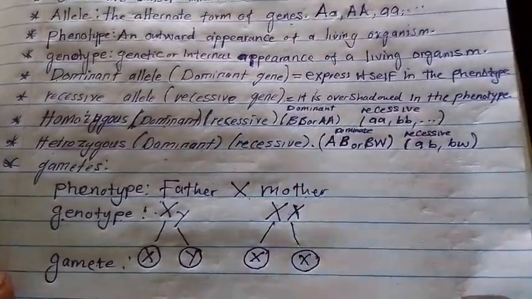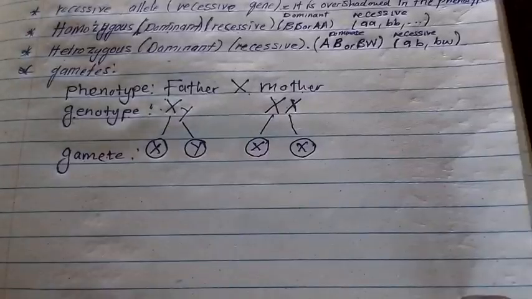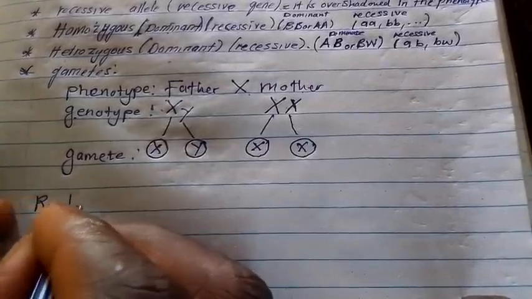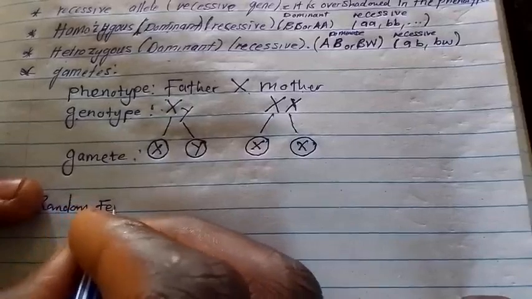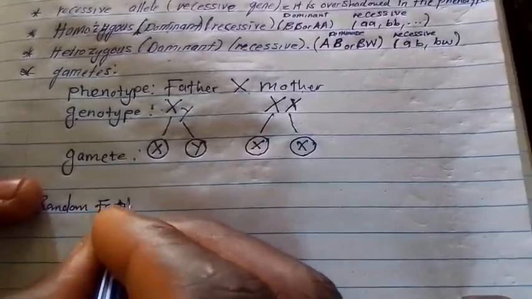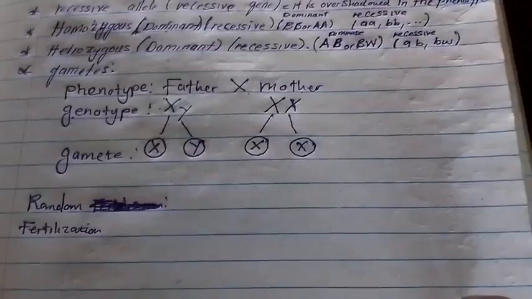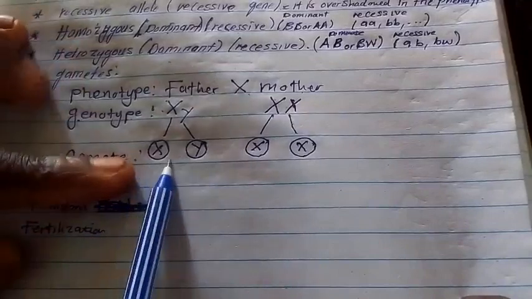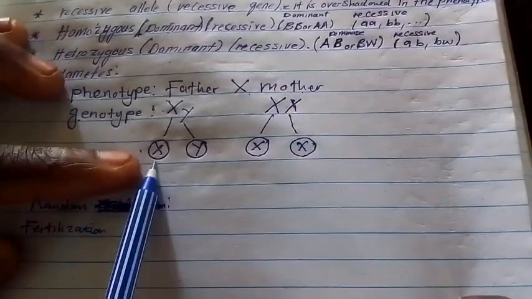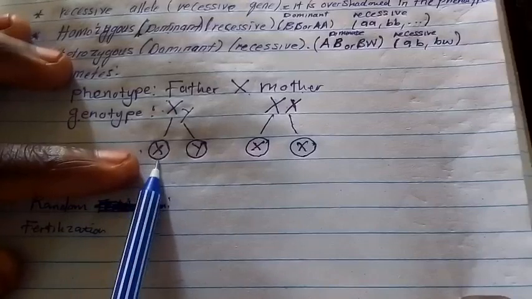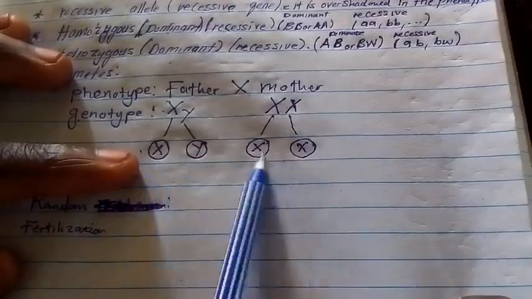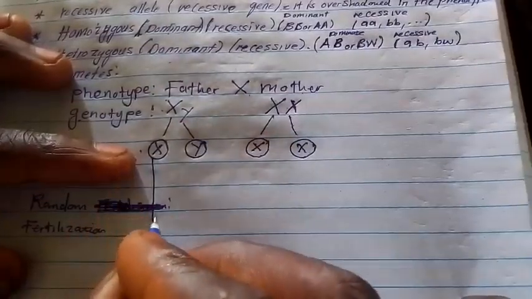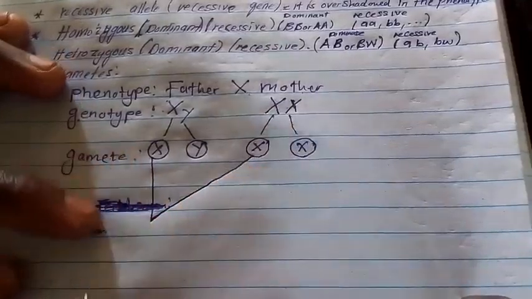What comes next here is random fertilization, or random assortment. Under random fertilization, each gamete from the father is going to combine with every gamete from the mother. So in this case, this one goes with this one, and the same gamete is also going to combine with the last gamete.